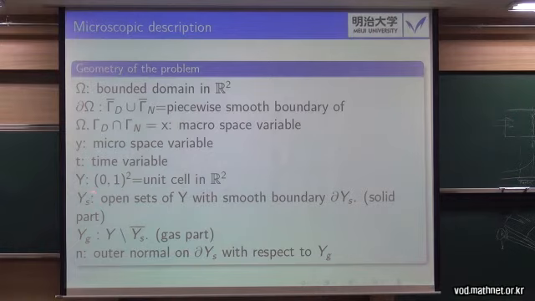Then the gas part is simply represented by removing the solid part. We have this gas part here. So at the boundary between the gas part and the solid part, we have this representing the outer normal on this boundary with respect to the gas part.